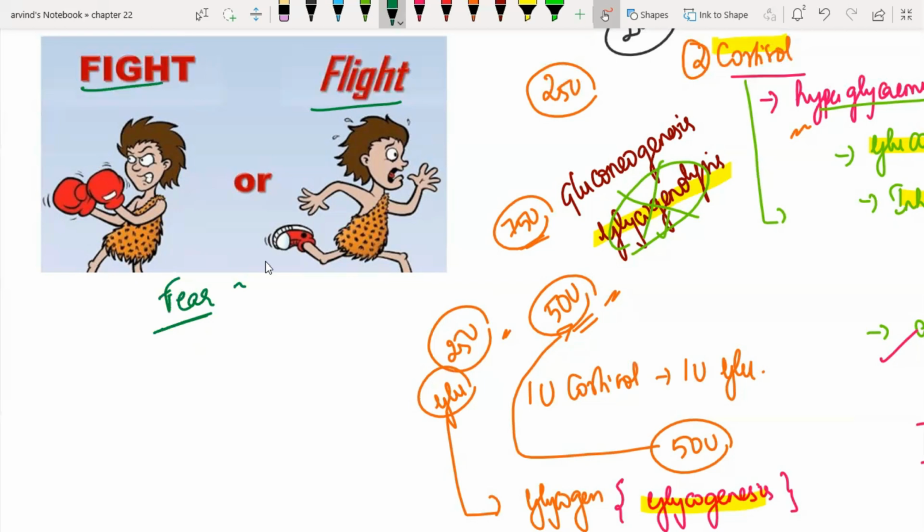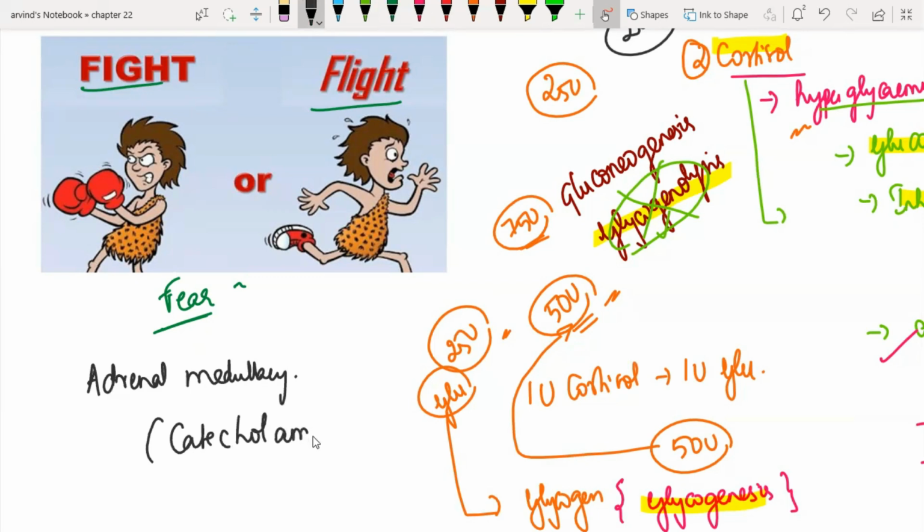So during all these emergency situations, a particular hormone is going to be released that combats this stress. What is that hormone? It is the adrenal medullary hormones, and chemically we call them catecholamines.